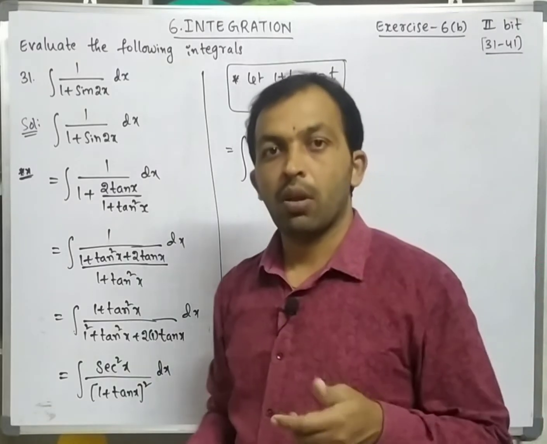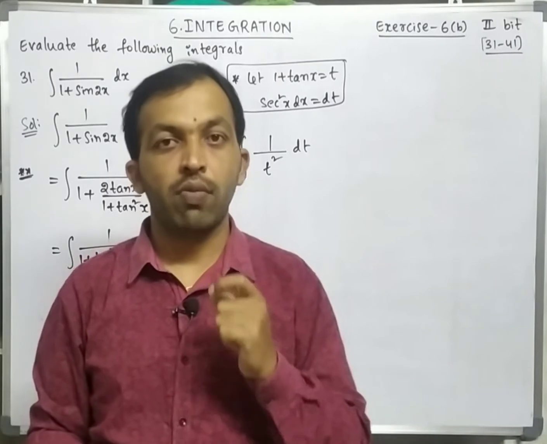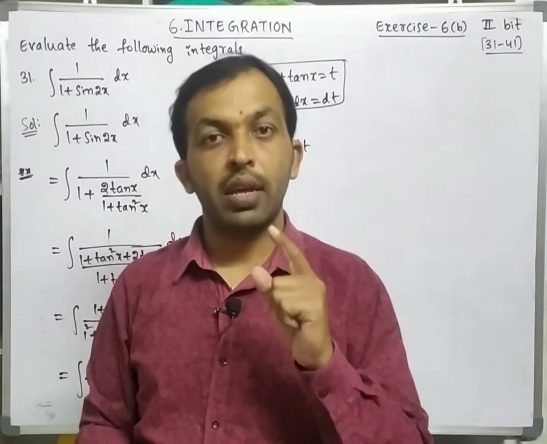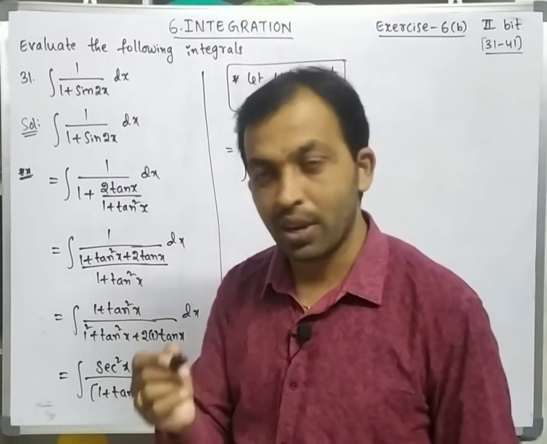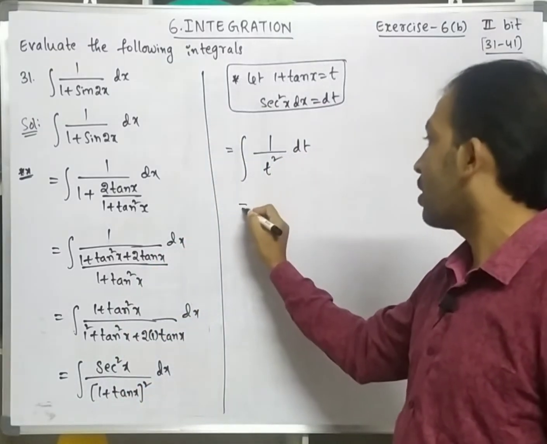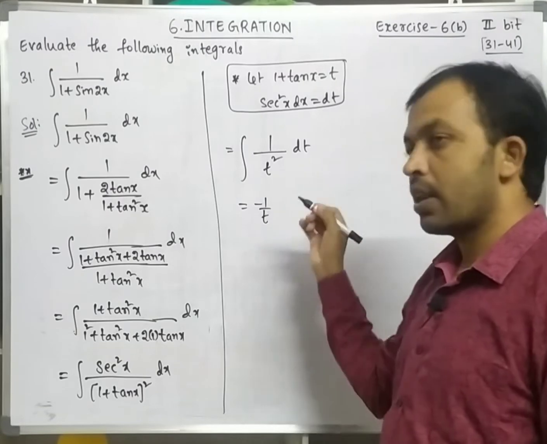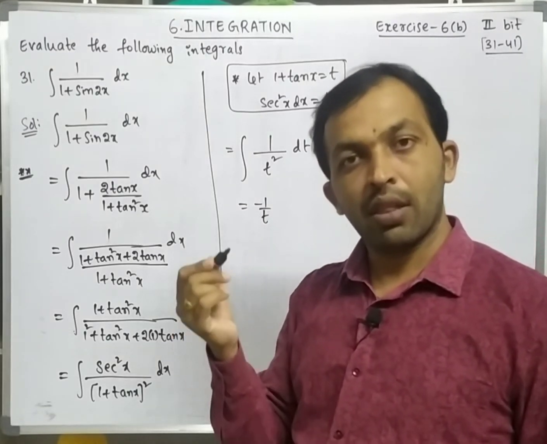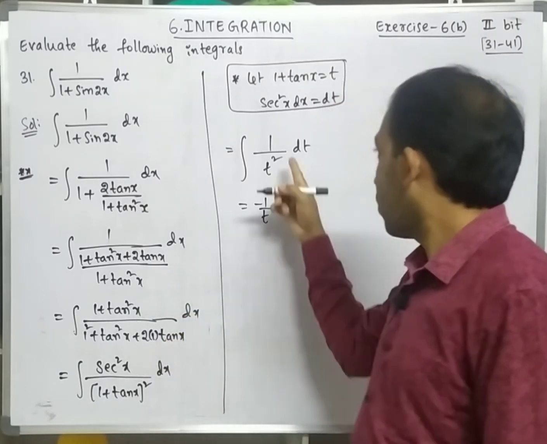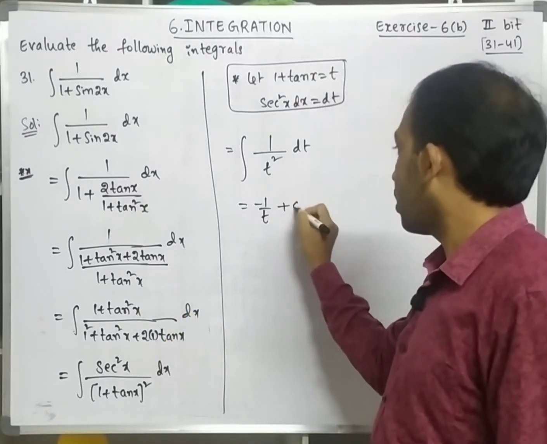Now recall the formula. In integration we have one formula: integration of 1 by x square dx is equal to minus 1 by x. So integration of 1 by t square dt is minus 1 by t plus c.